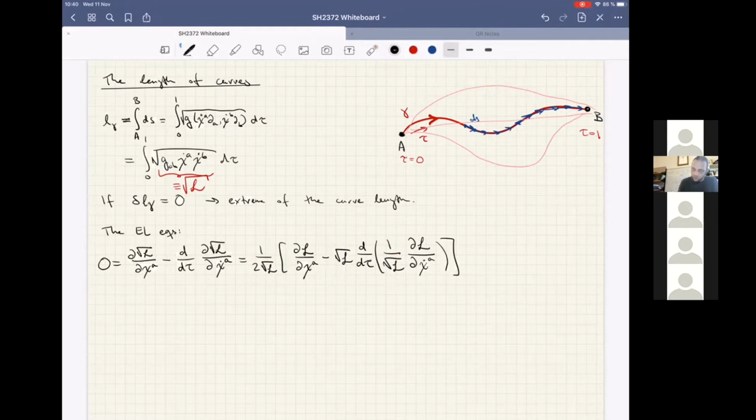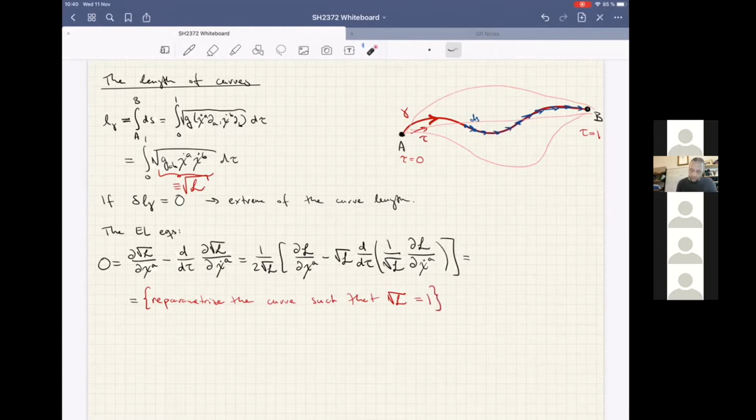So what I'm going to do is the following, is to reparameterize the curve such that this square root of L is always equal to 1.